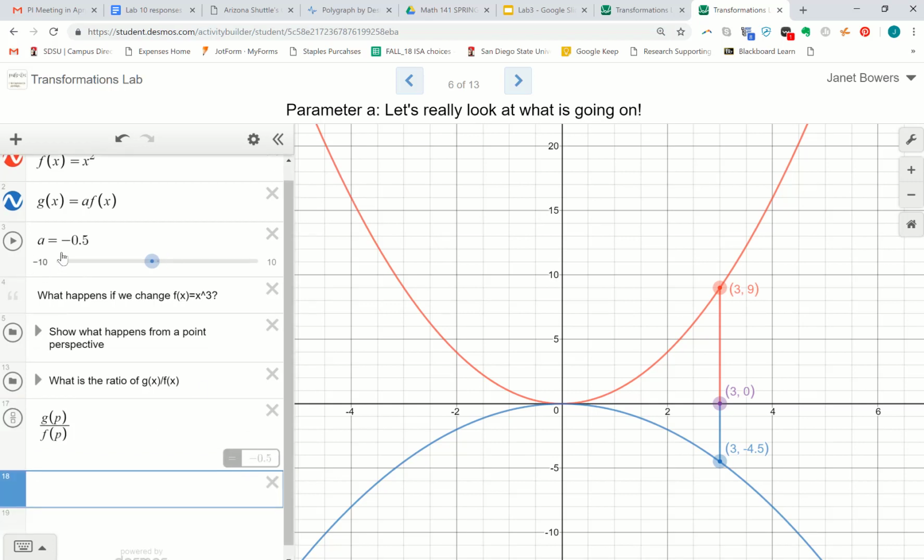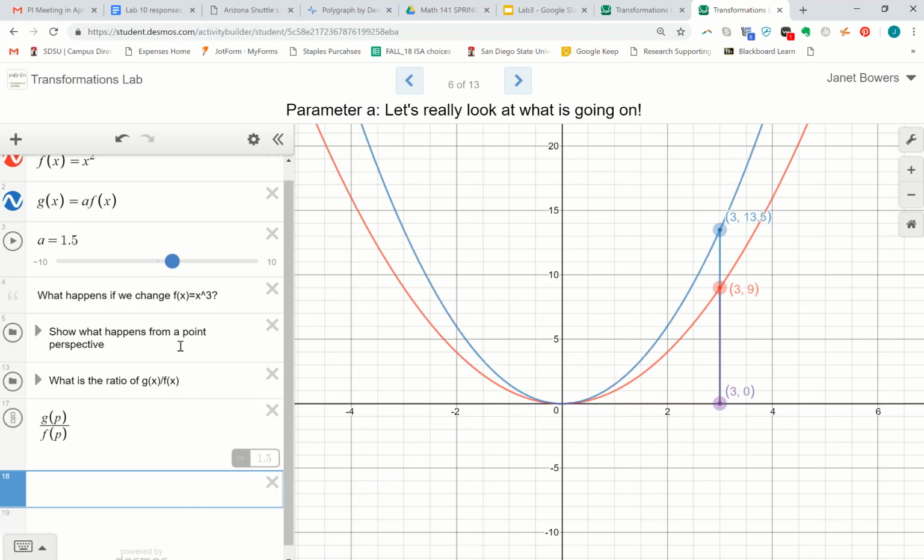It's negative 0.5, which is the exact value of a. As I change a, you can see that if a is 1.5, the ratio is 1.5. So once again, the reason that it's appearing to get skinnier is because the distance between these is growing, and it's growing at a multiplicative rate.